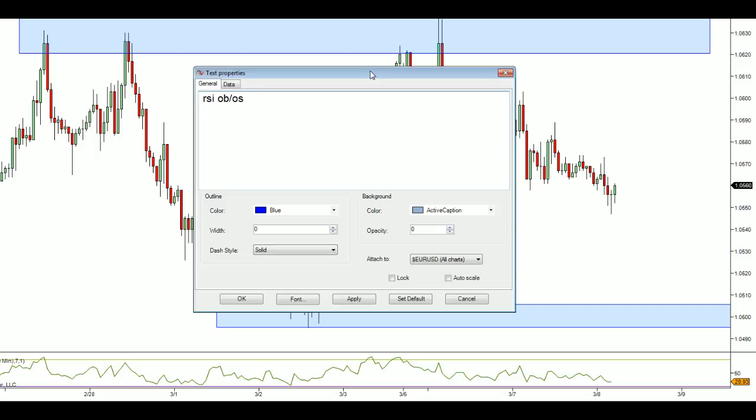I want to know if we're at a structure level on trading time frame. Let me see if I can make this shorter. I'm going to put SL for structure level.